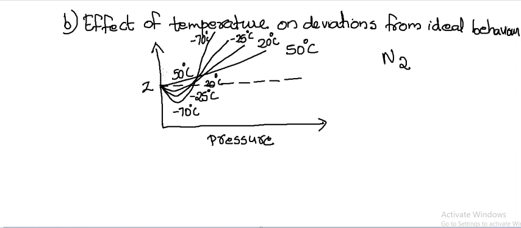Here in the case of nitrogen, the temperature is 50 degrees Celsius. At that temperature and within that pressure range, Boyle's law is obeyed, and hence the temperature is called Boyle temperature.